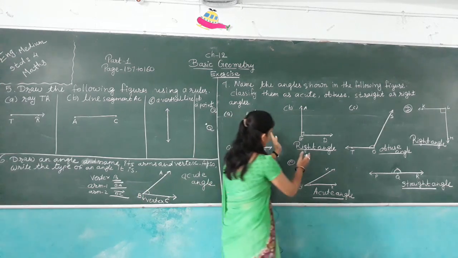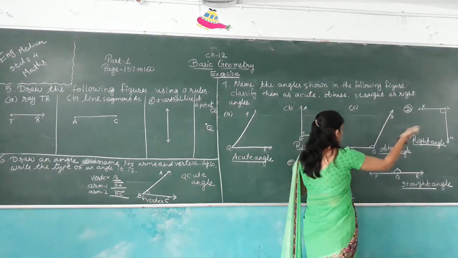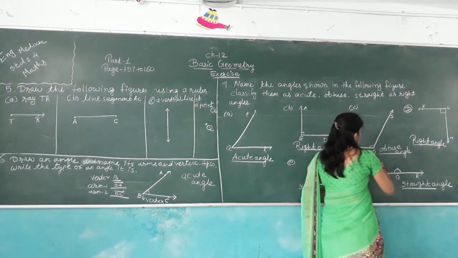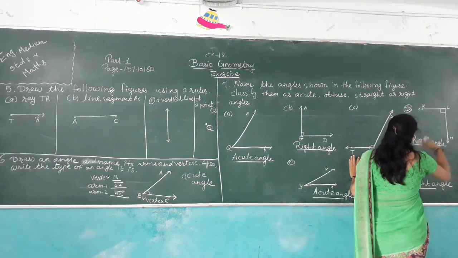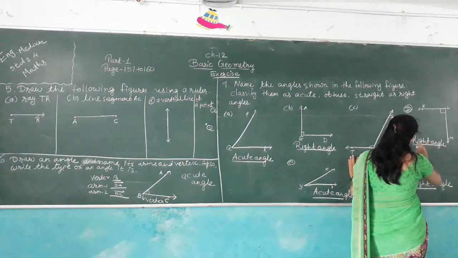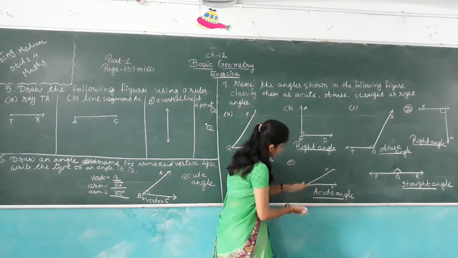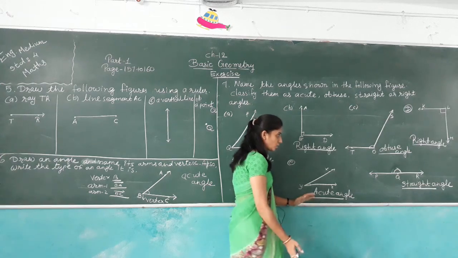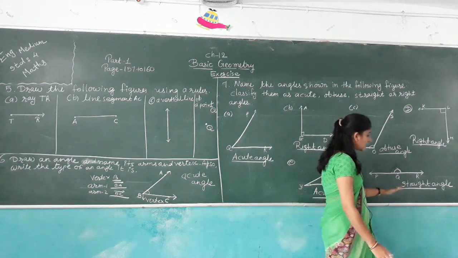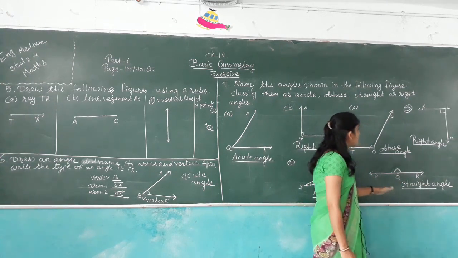This angle is a right angle. This angle is more than a right angle, called an obtuse angle. This angle is turned to the opposite side, but it is a right angle. This angle is less than a right angle, called an acute angle, and this angle is a straight angle.